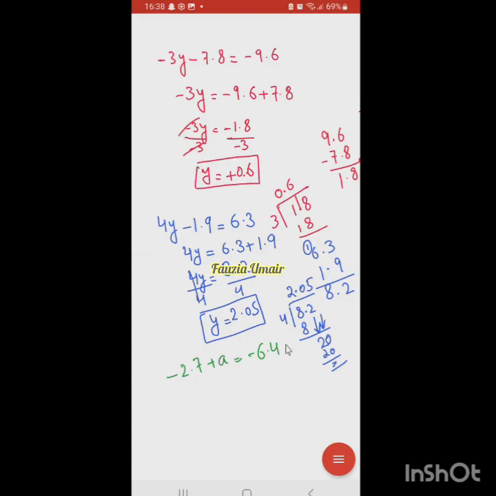So how to solve it? a is the variable this time. Abrish, what to do? Take this minus 2.7 to the other side.